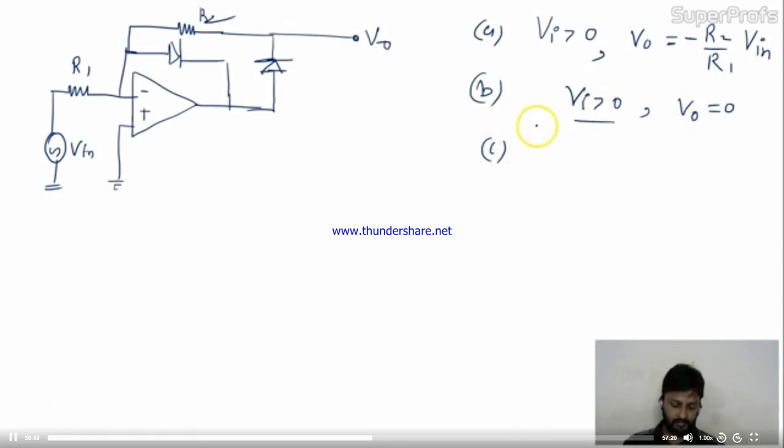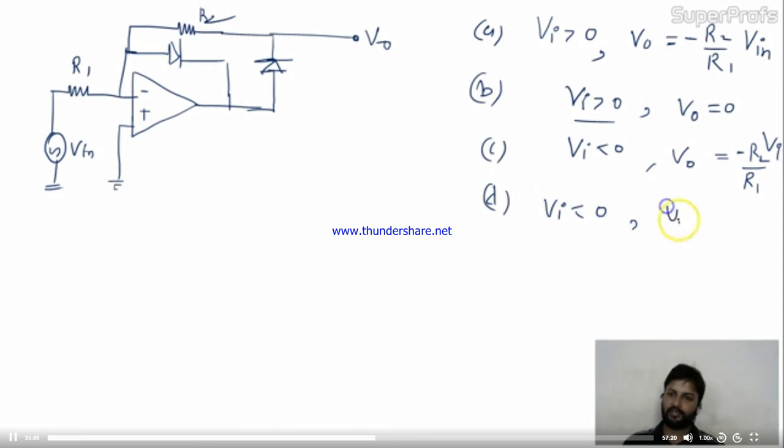Option C: Vi less than 0 and V0 is minus R2 by R1 of Vi. Option D: Vi is less than 0 and V0 is 0. This is a 2 marks GATE question. Now let's check one by one.